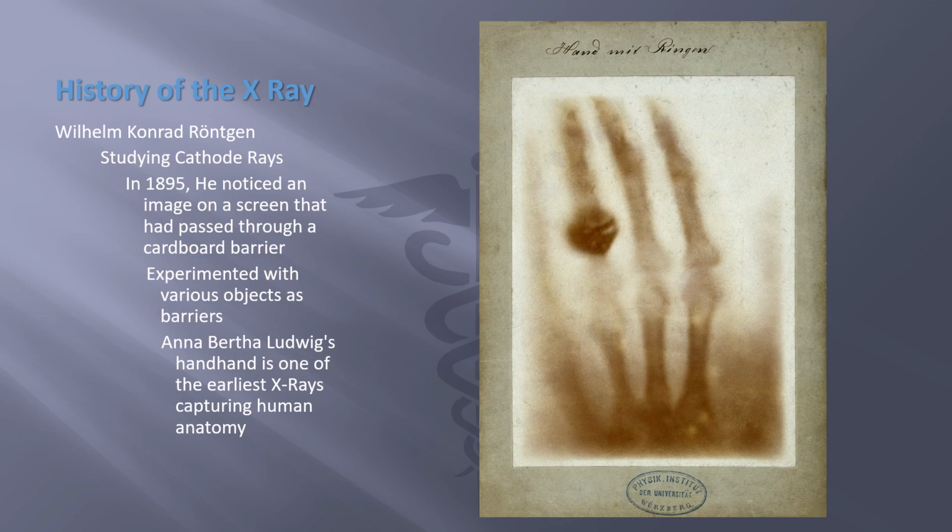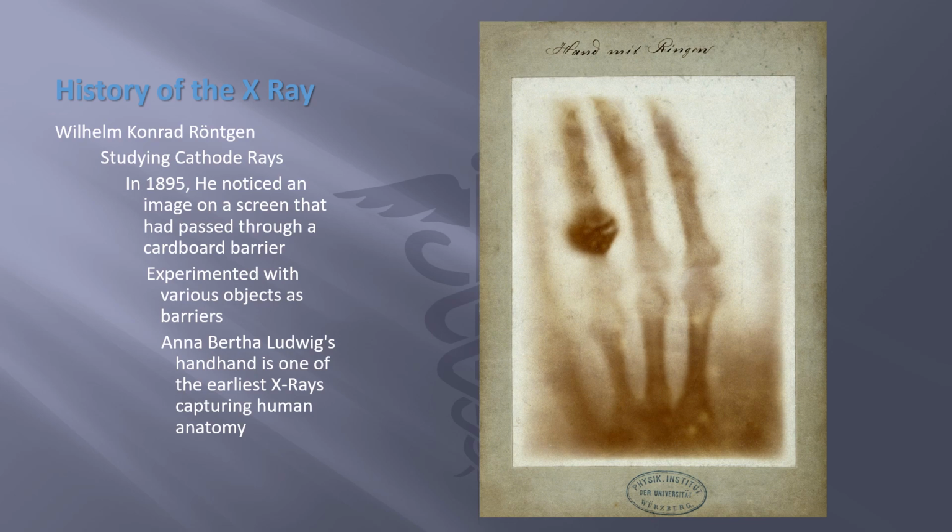Some history of the x-ray. Several scientists in the late 1800s were studying different types of rays, radio waves and things of that nature, and they developed this cathode ray.